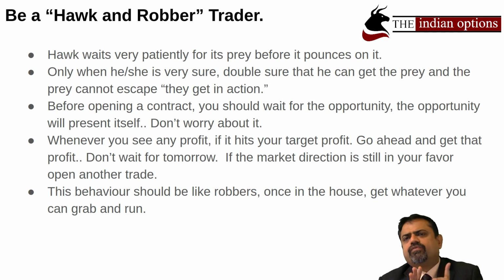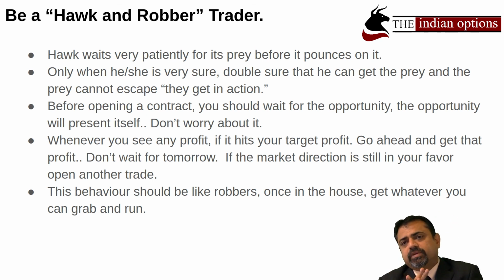So you have to wait very patiently for the market to go up or down. And once you are really very sure that what is happening is right, and you are not taking any big, risky decisions, then you do that thing.